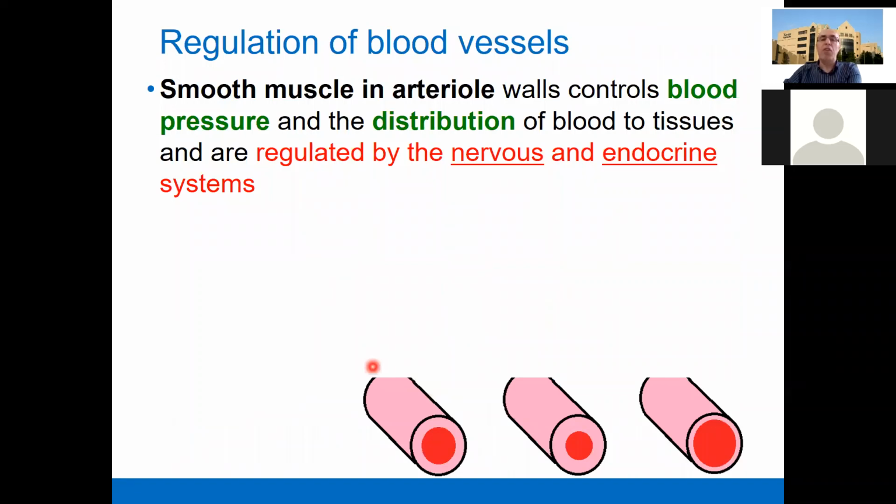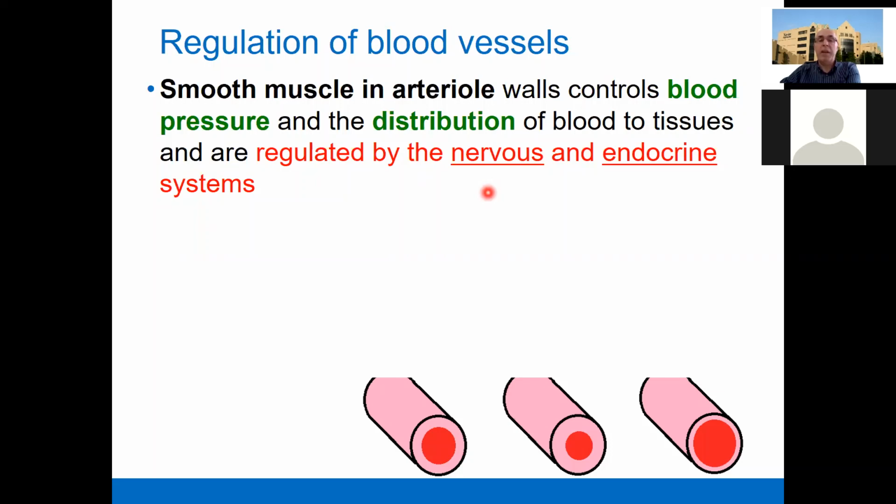Okay, regulation of blood vessels is really important because smooth muscle in arterial walls controls blood pressure and the distribution of the blood to tissues. And this is regulated by our nervous system and endocrine system.